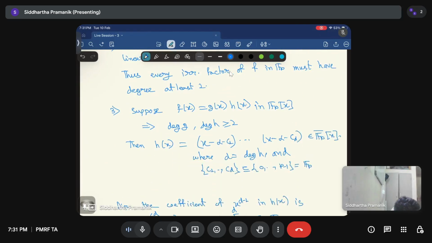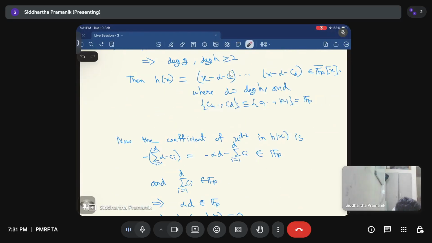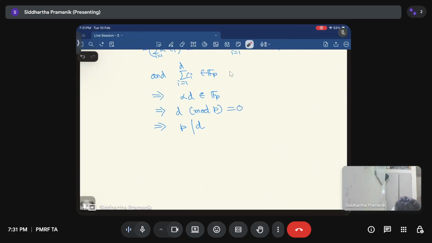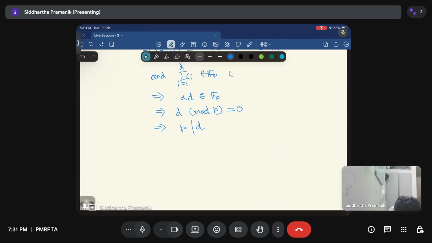But d is less than or equal to p, right? Because the degree of f(x) is p and the degree of h(x) is d. So d must be less than or equal to p. But we are getting p divides d. So it will imply d has to be equal to p.